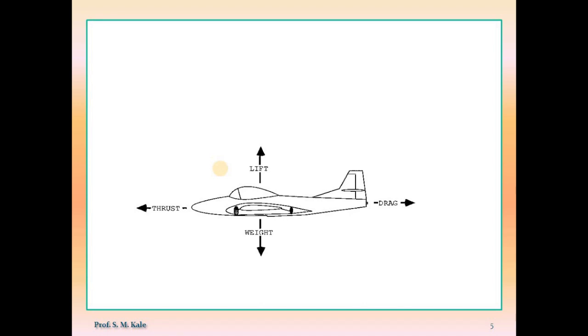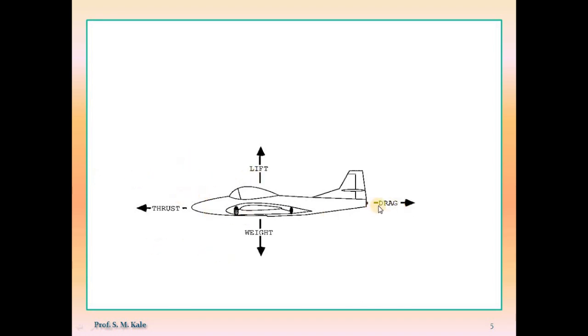But surrounding that aeroplane there will be air. So the aeroplane acts as a submerged body, and the fluid is the air, and the motion of air will be in this direction.